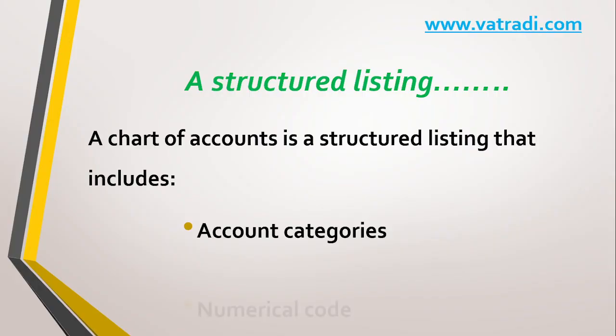With account categories and numerical codes. To explain it very simply, there is a code, a description, and a number, and these are inside different categories to support the preparation of the financial statements.